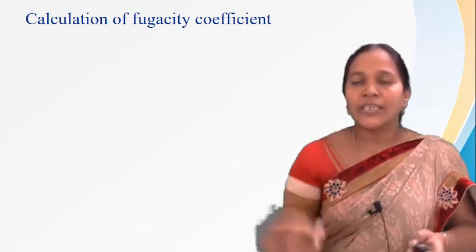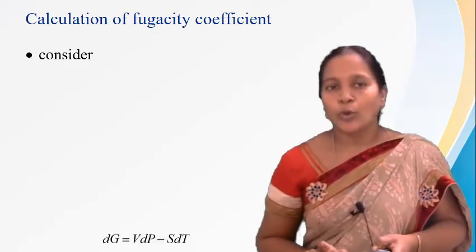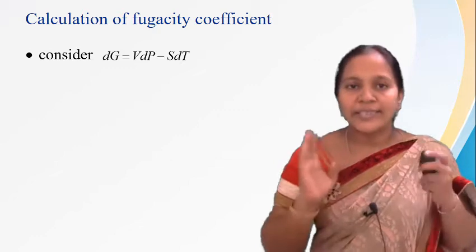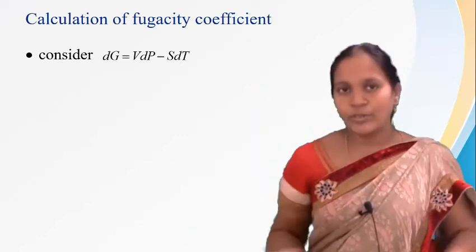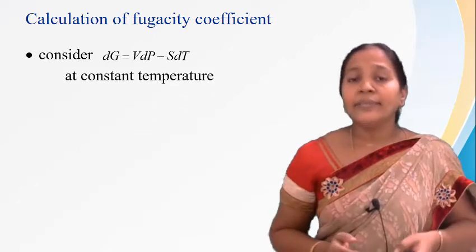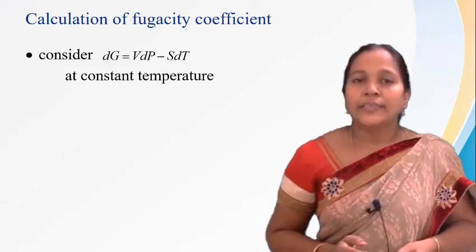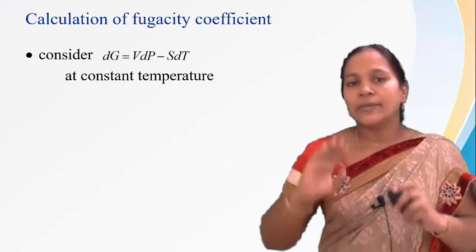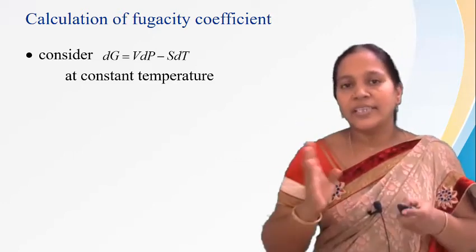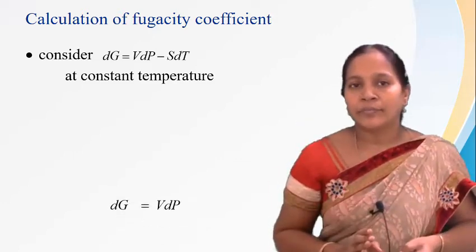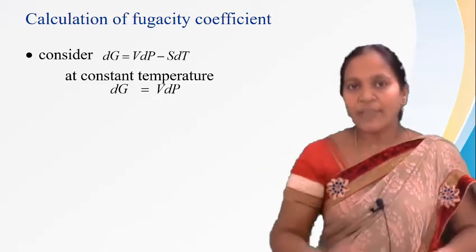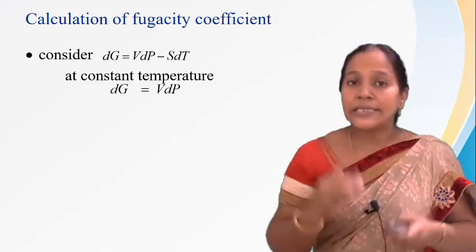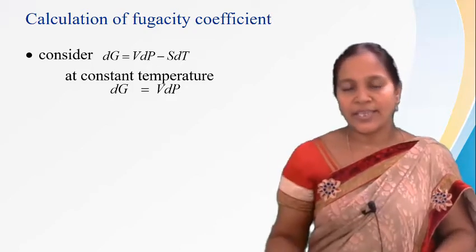Coming to the calculation of the fugacity coefficient. Initially, we consider the fundamental property relation for a closed system, that is dG is equal to V dP minus S dT.